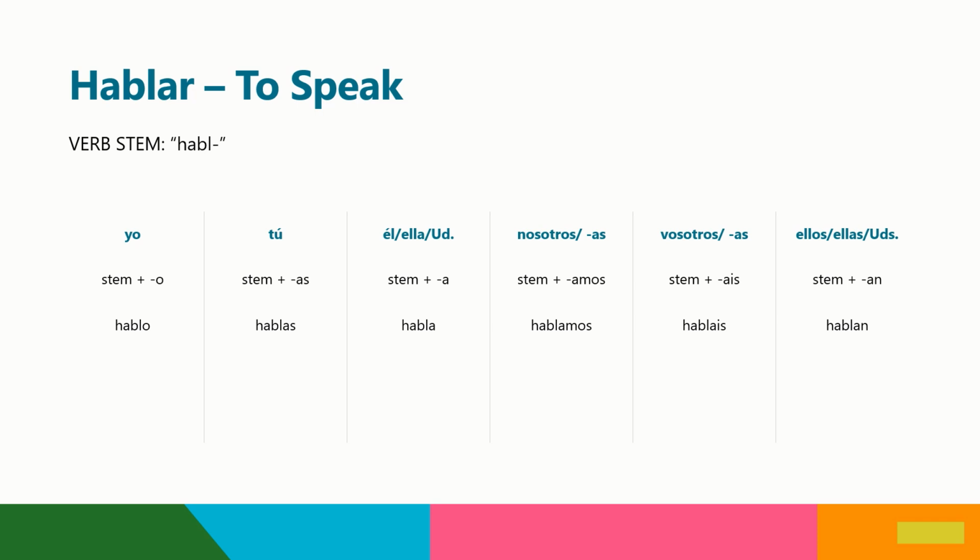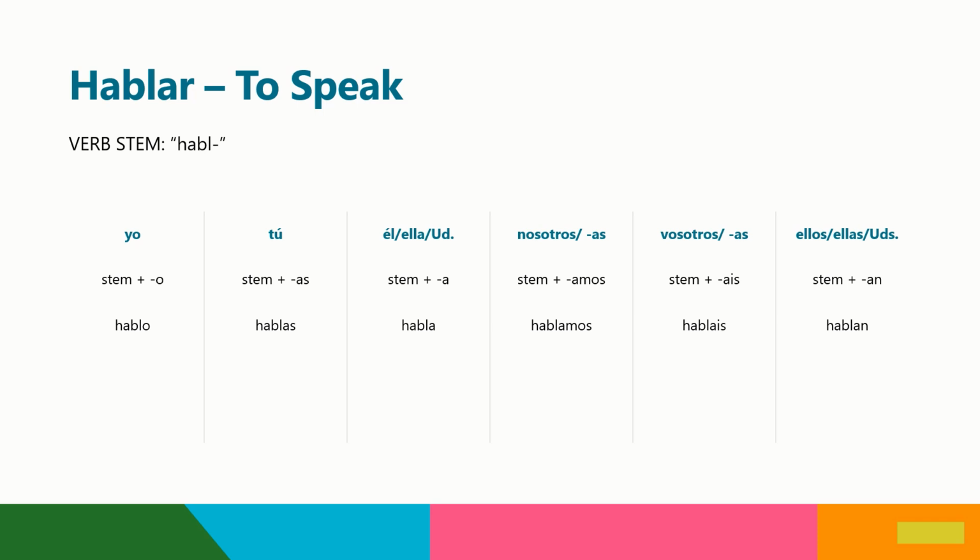Okay? Yo hablo. For tú, we're going to add AS, so it's hablas. You see that? Tú hablas. All of these are to speak. Él, ella, usted. I'm going to add the A. Habla. Él habla. Ella habla. Usted habla.